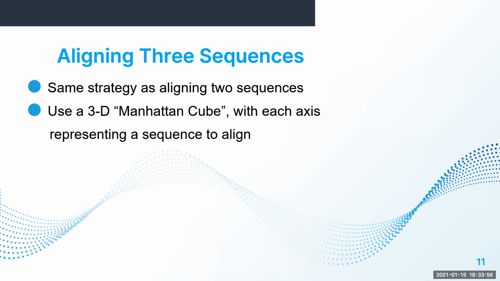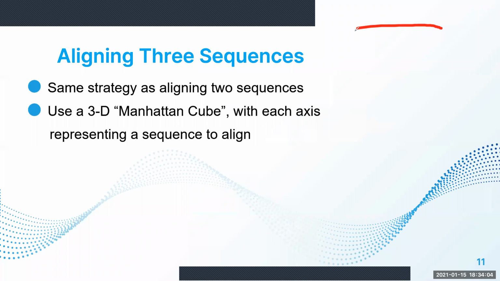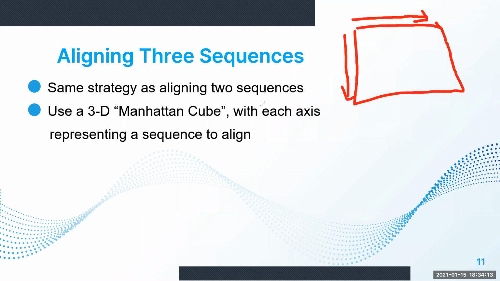If we have two sequences, we're working on a plane, where we put one sequence and the other sequence like this. At this point I'll talk about three, so you can imagine it in 3D.